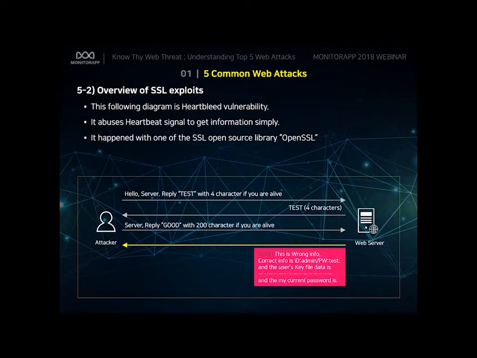In this case, these 200 characters the server replies with might include a lot of very important information, such as the status information of the server. If the attacker grasps this information, they can use it to attack the server for additional information or decrypt the entire server and communication content.